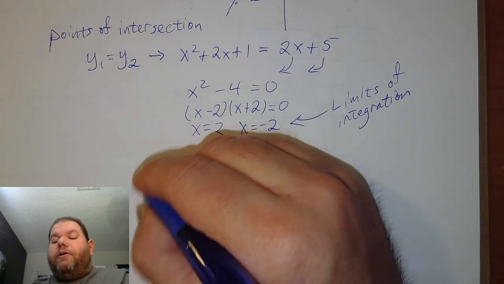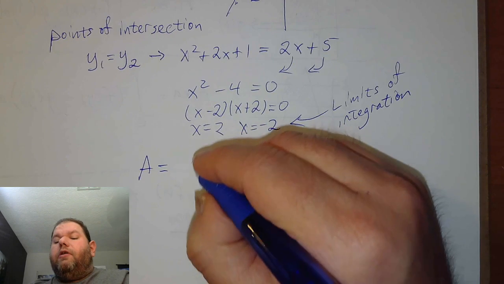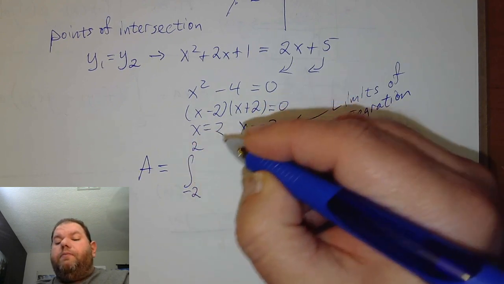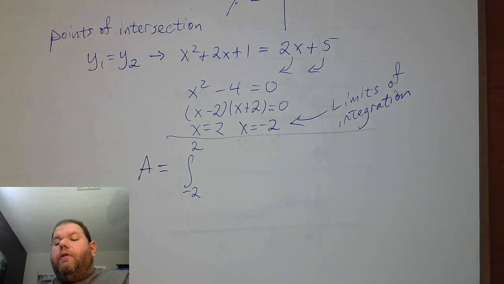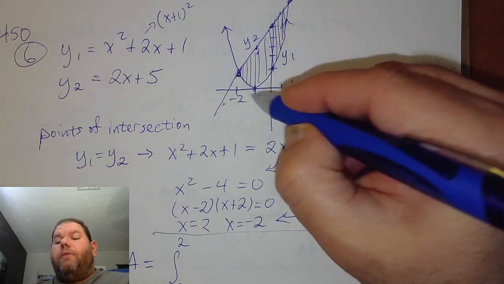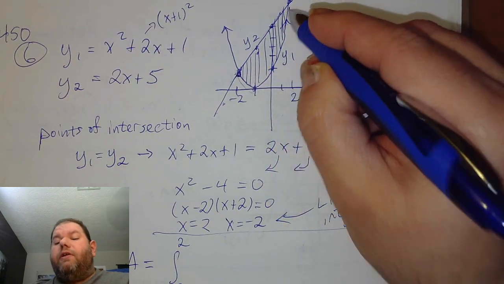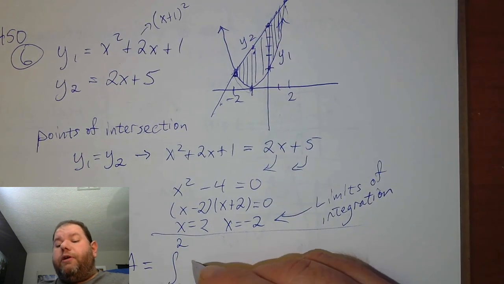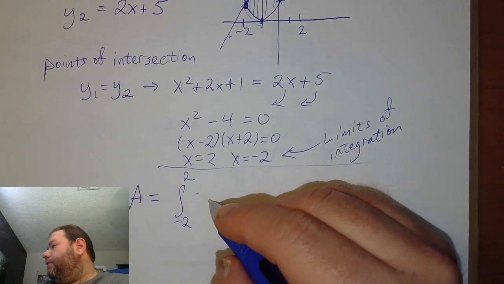So let's set up our area then. We know it's an integral from negative 2 to 2. Now, we said before we want the top function first minus the bottom function second. We already identified y2 as the top function, so we'll put y2 first down here.